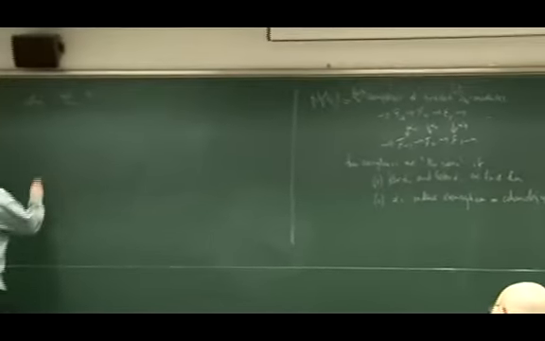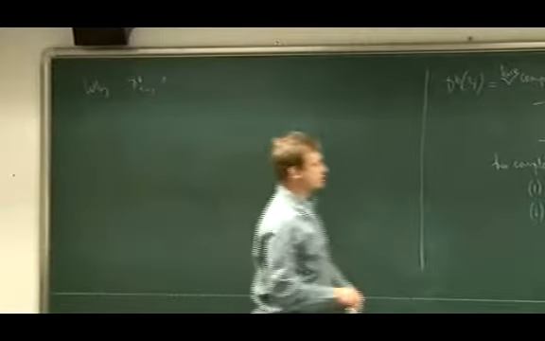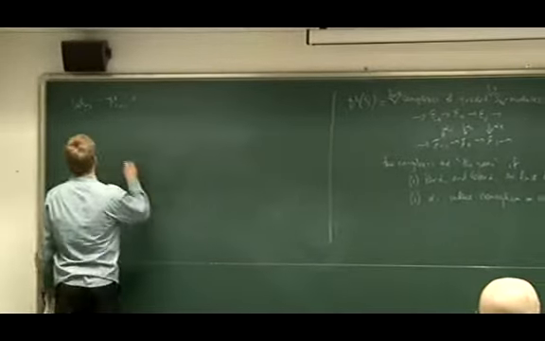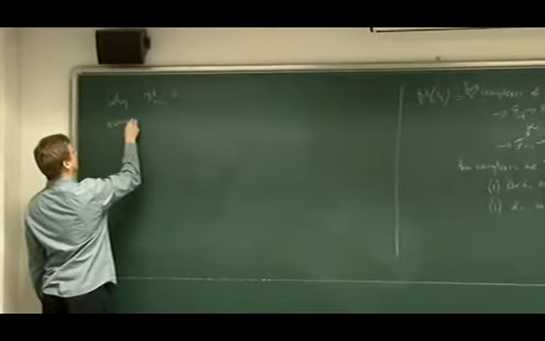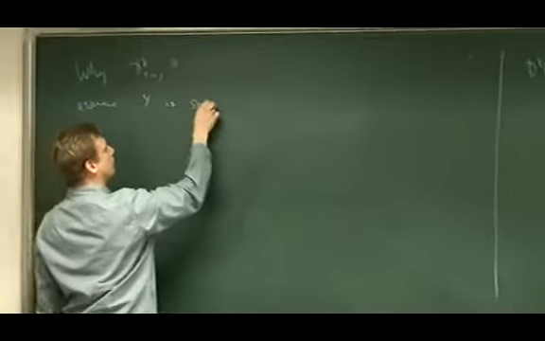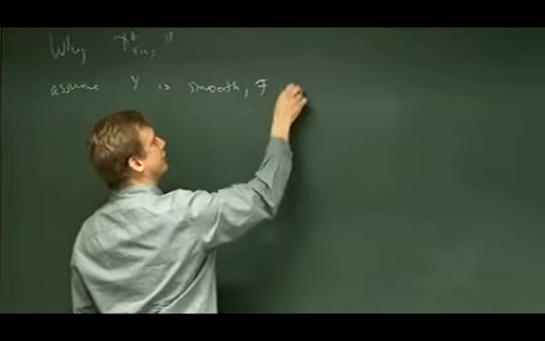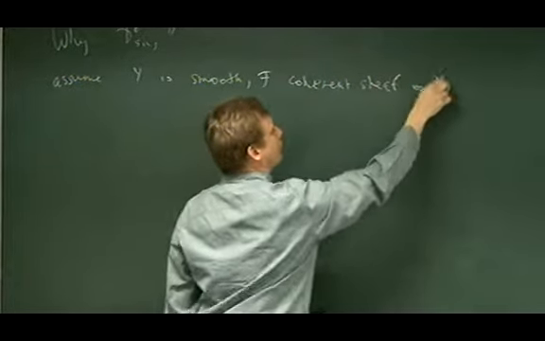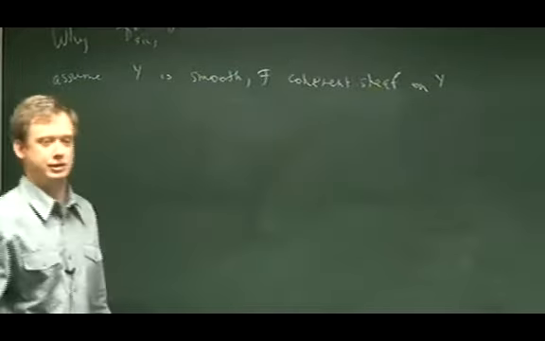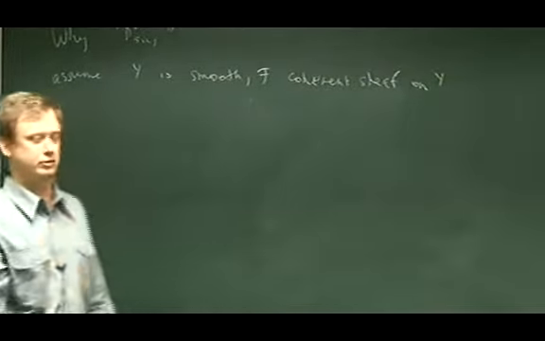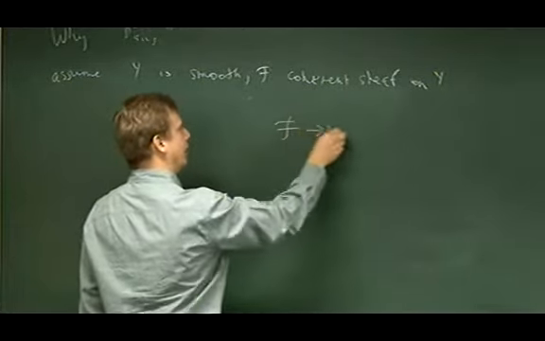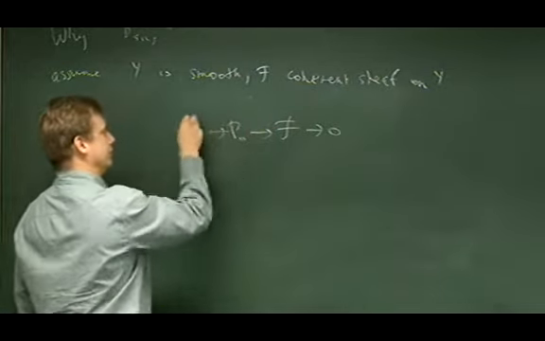Okay, so why the singular derived category? It's easier to explain in this definition. So assume Y is smooth and F a coherent sheaf. A coherent sheaf is obviously an example of a complex; you just put zeros in all non-zero spots. Then a coherent sheaf in the smooth case admits a projective resolution.